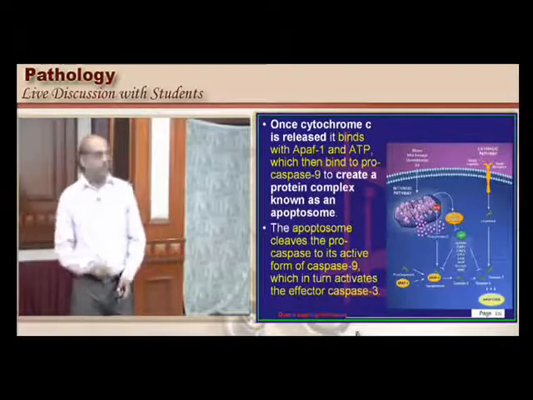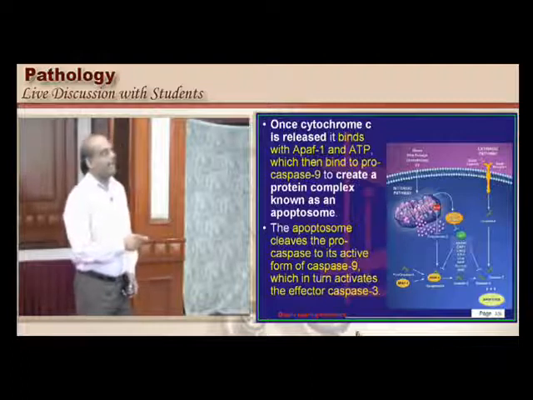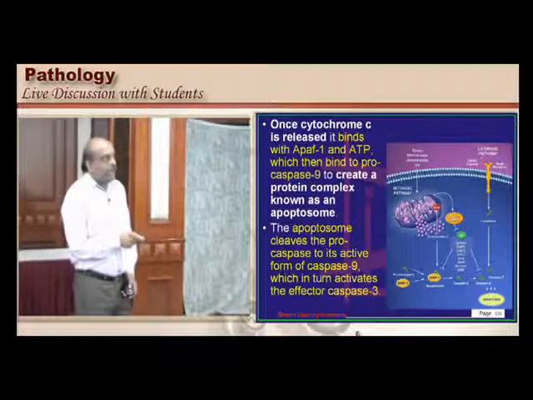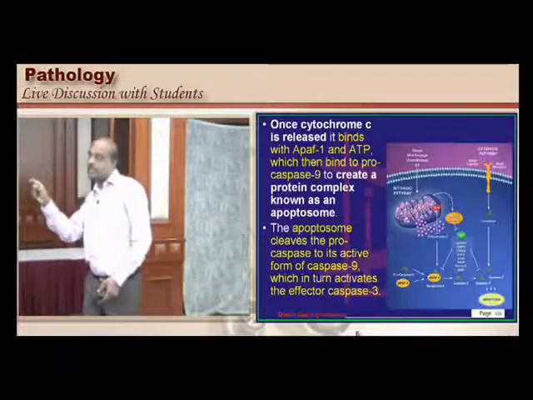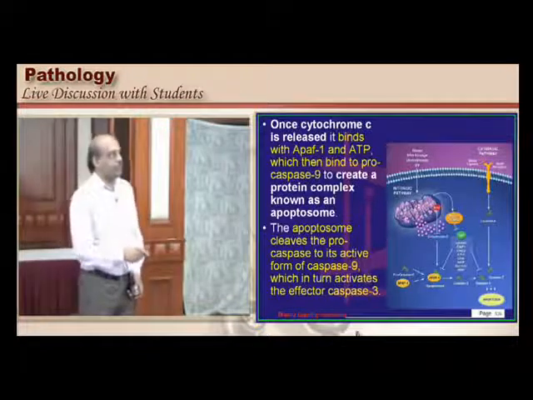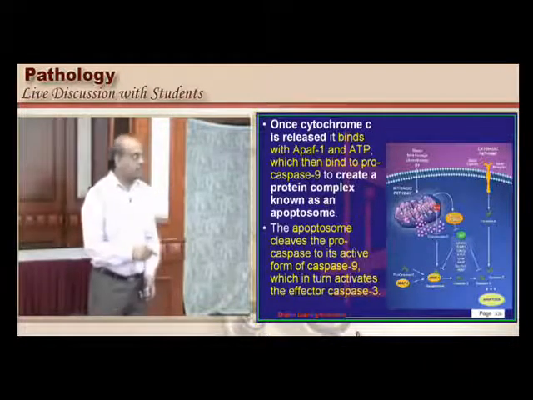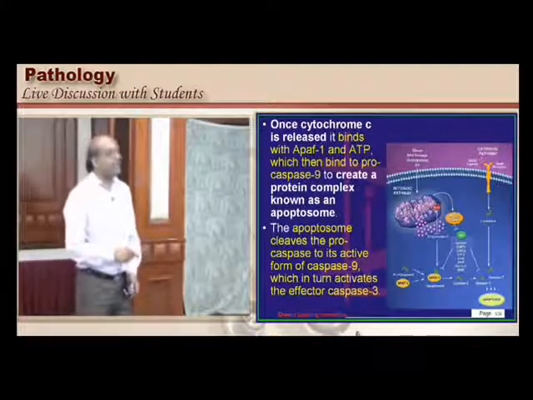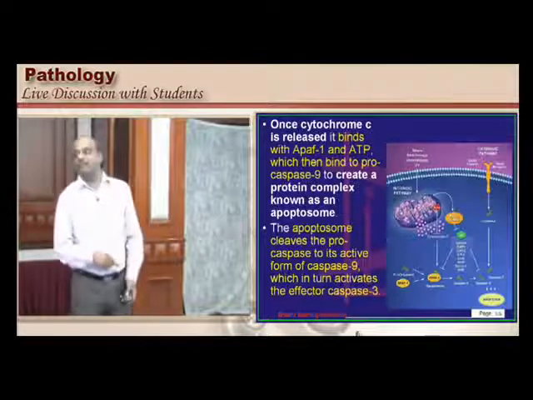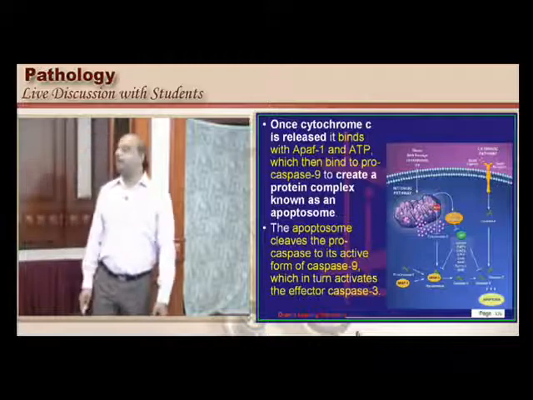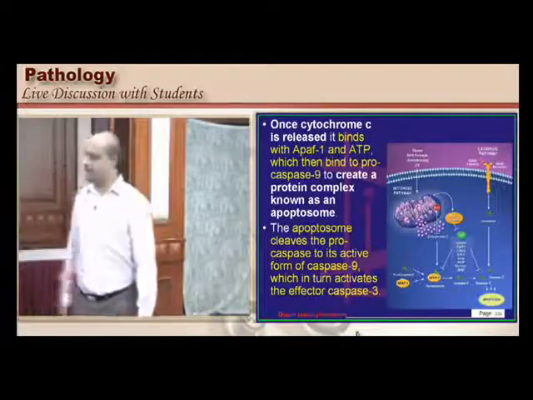APAF1 is a protein with which it forms a complex, and the complex of APAF1 and cytochrome C is called the apoptosome. The apoptosome in turn will cleave the pro-caspase to the active form called caspase 9, and in turn caspase 9 will carry on the apoptosis.